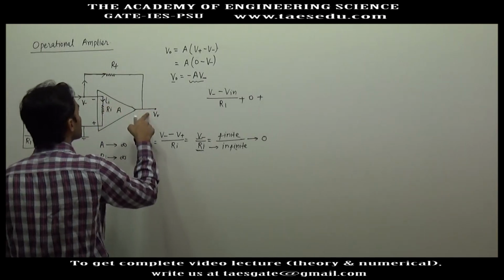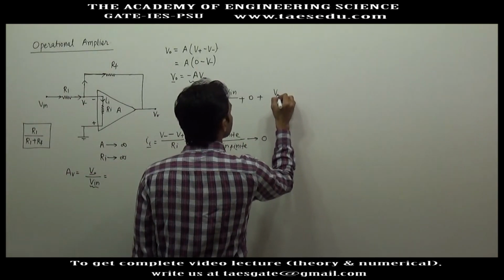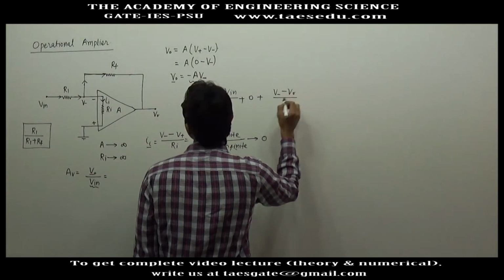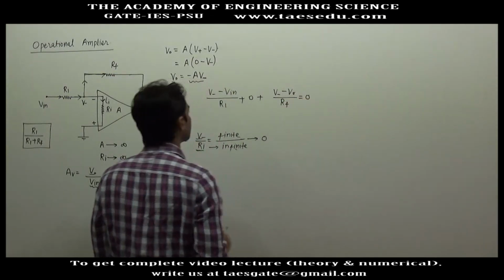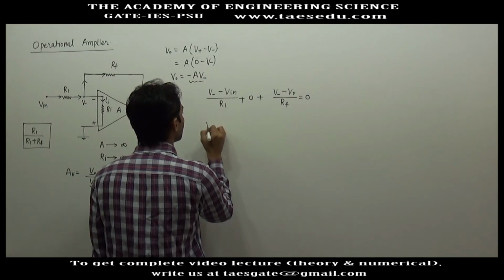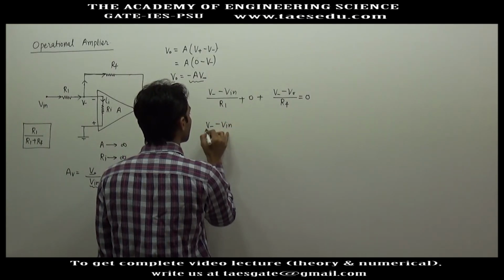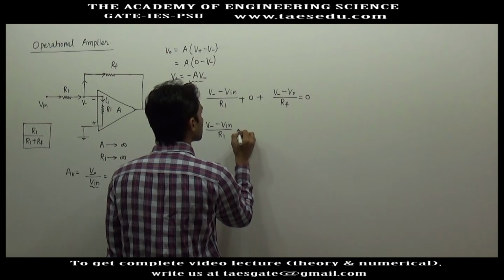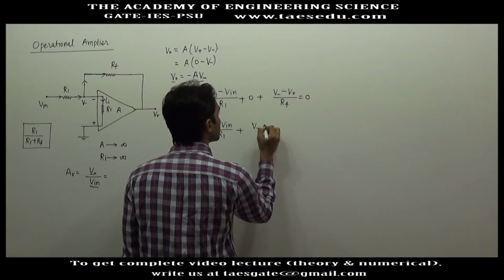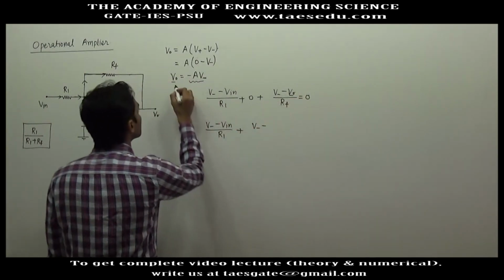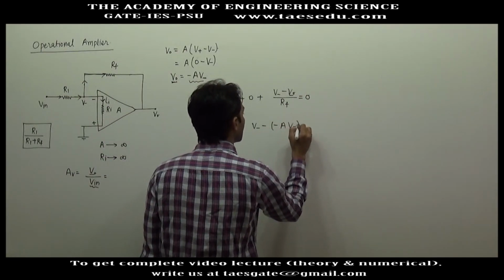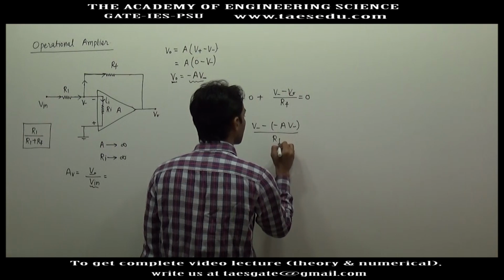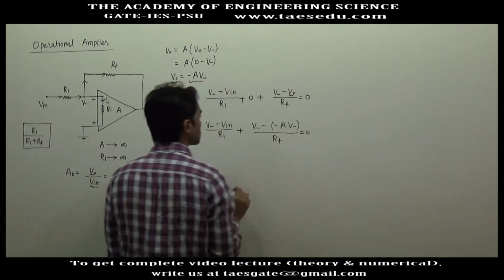V minus minus V output divided by RF. This is equal to 0. So we will have V minus minus V input divided by R1 plus V minus minus V output, where V naught is equal to minus of A V minus, divided by Rf equal to 0.